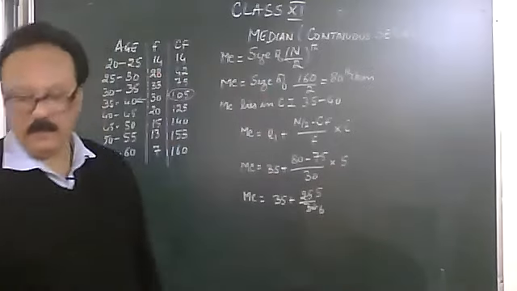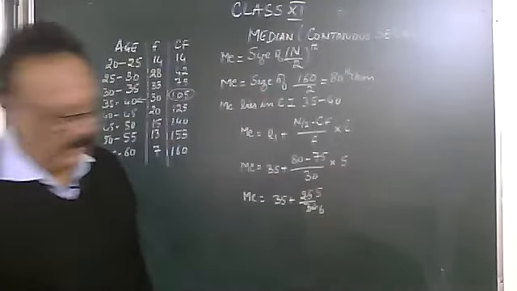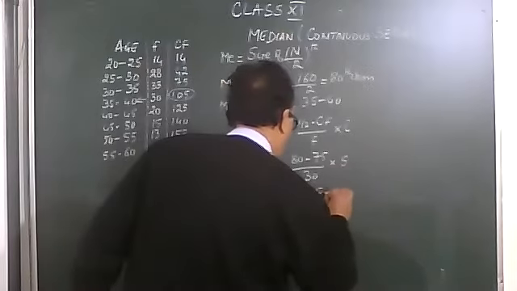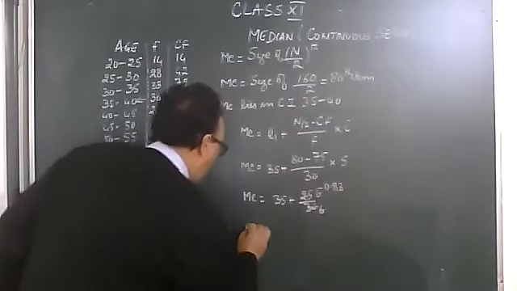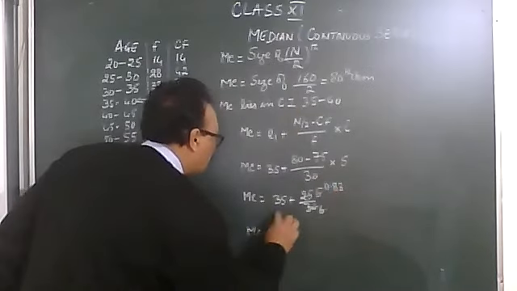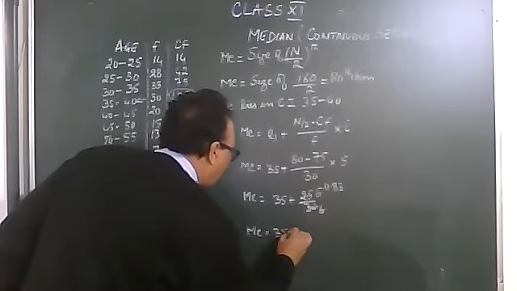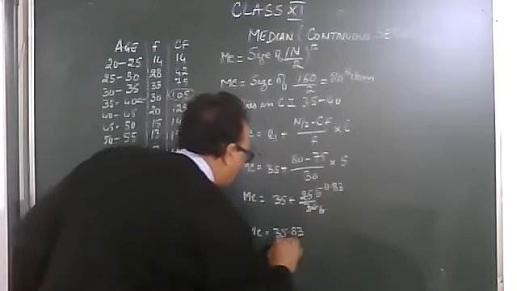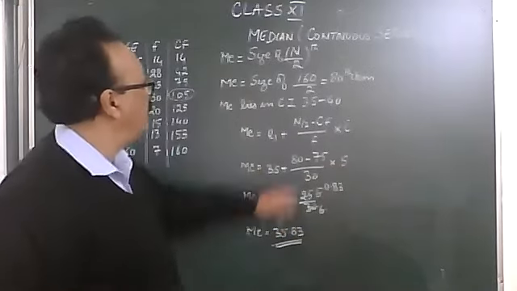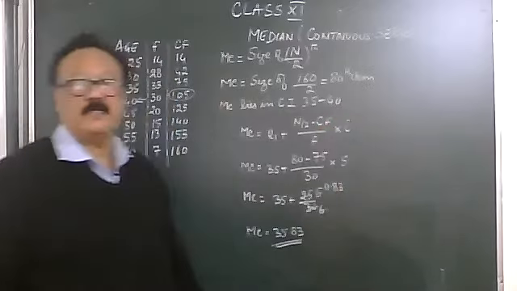And now if you further bring it down, it will be 0.83. So adding it up, median is equal to 35 plus 0.83, so it becomes 35.83. So you see the answer will lie in between this class.